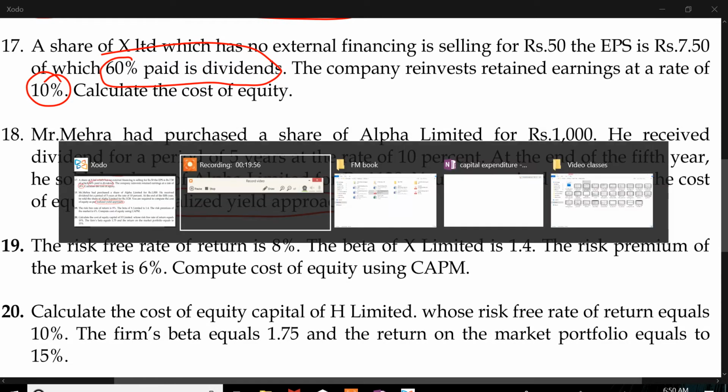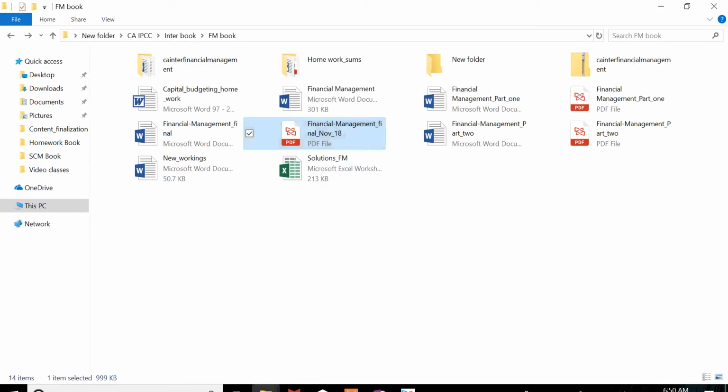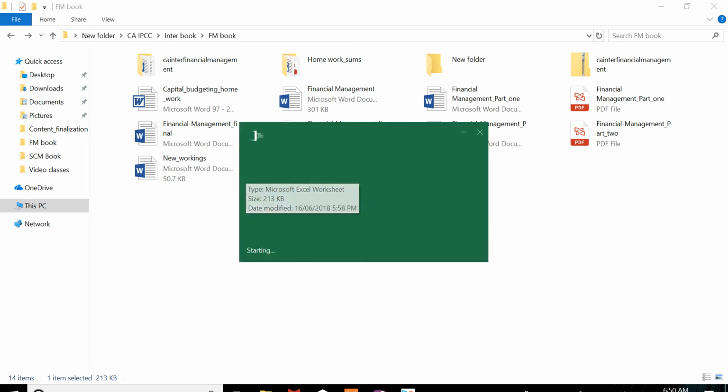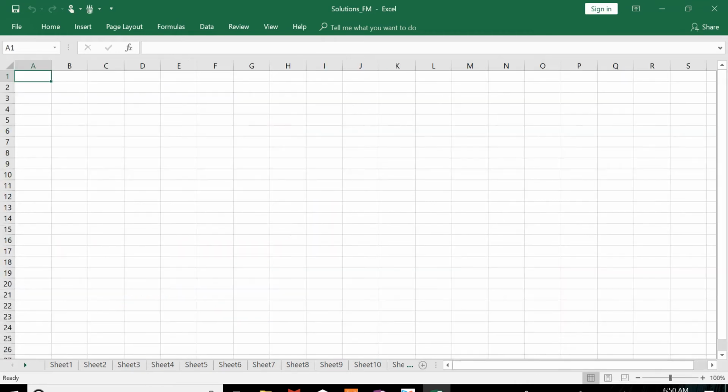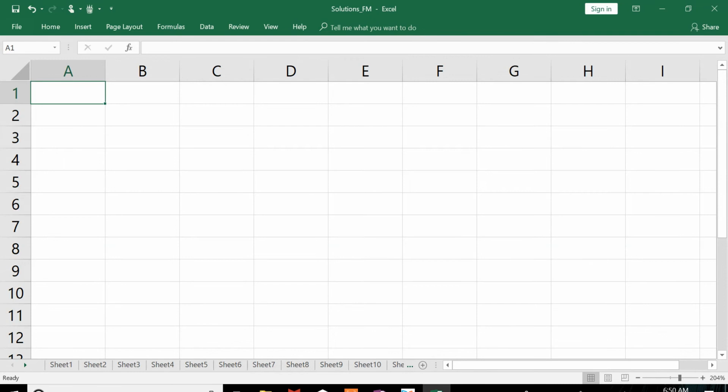Let's start. Calculation of cost of equity as per realized yield approach, in brackets IRR. In simple words, it's IRR.